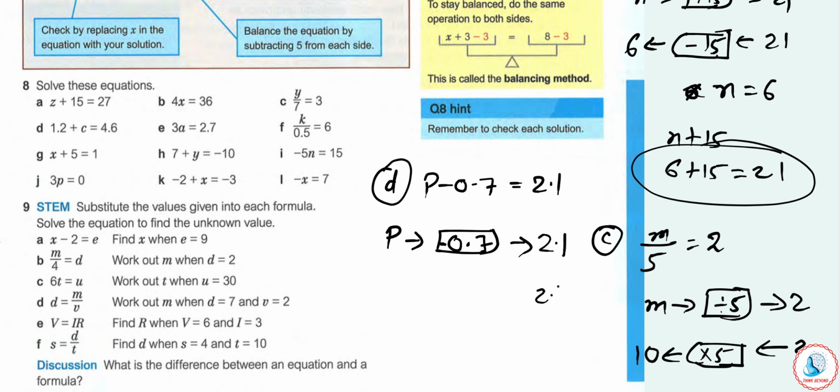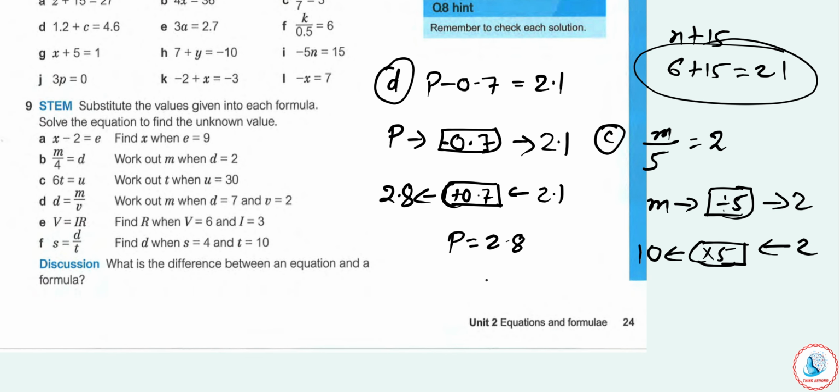So here for 2.1 you can add 0.7 and you will get the answer. So 0.7 plus 2.1 will give you 2.8. Okay, so the value of p is 2.8.